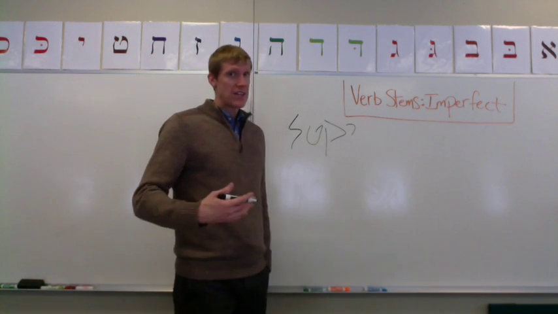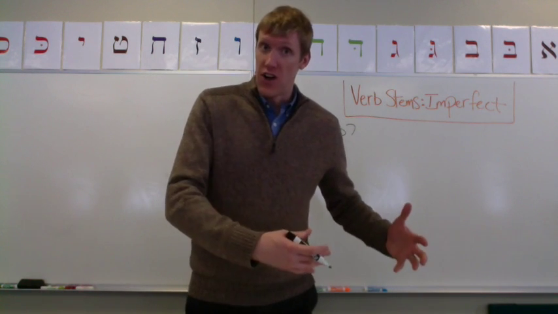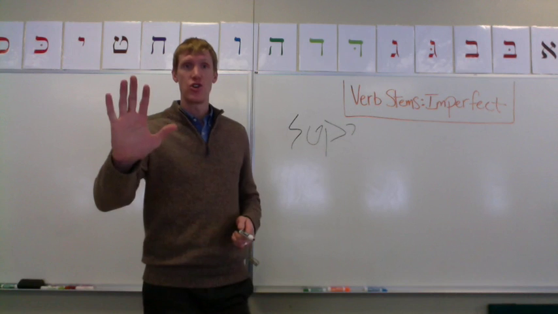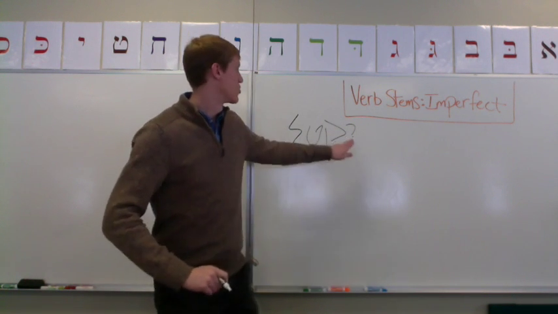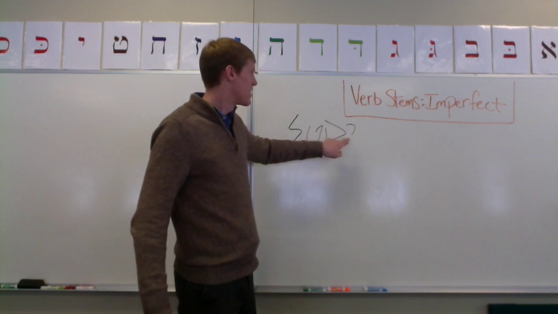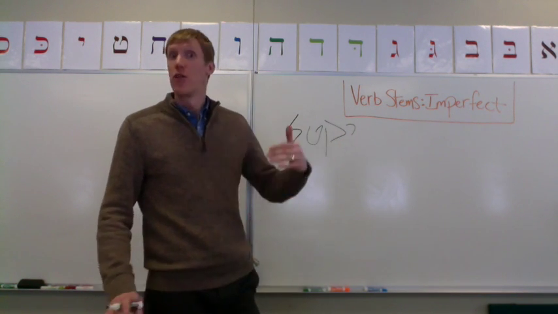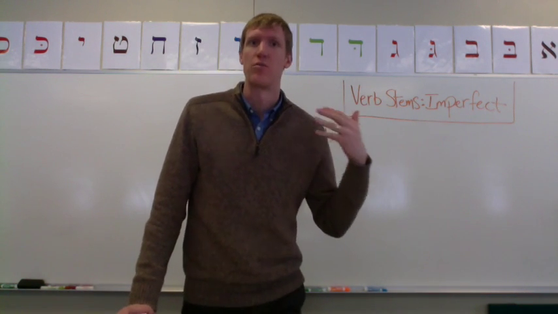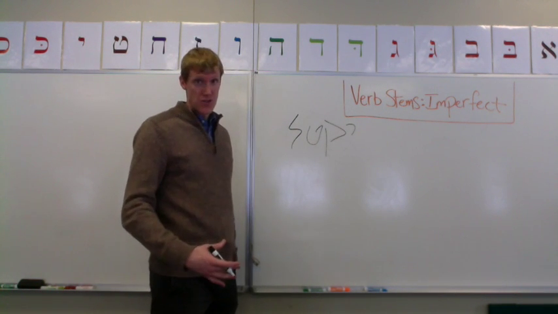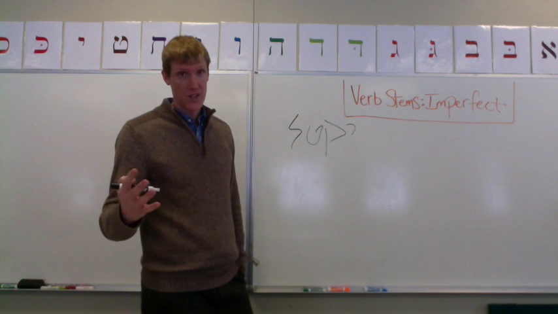And the way that the Niph'al is created in the perfect form is the addition of the nun on the beginning, right? The nun would go here in the beginning of the root. That's the sign for the perfect or the affix form of the Niph'al. Well, the nun is one of the weak letters in Hebrew, one of the 4 weak letters.